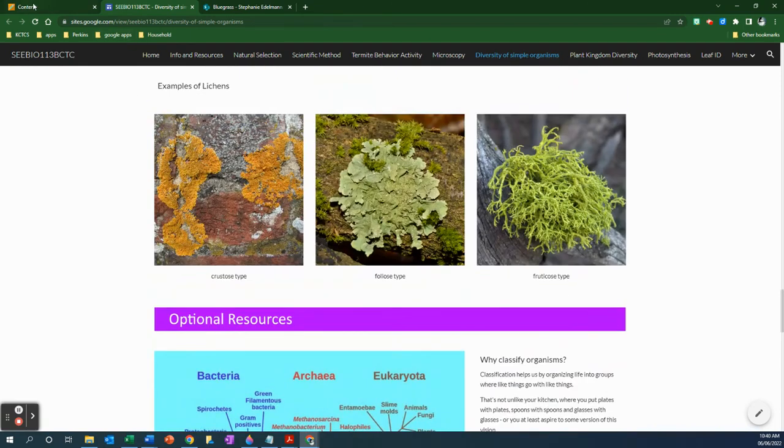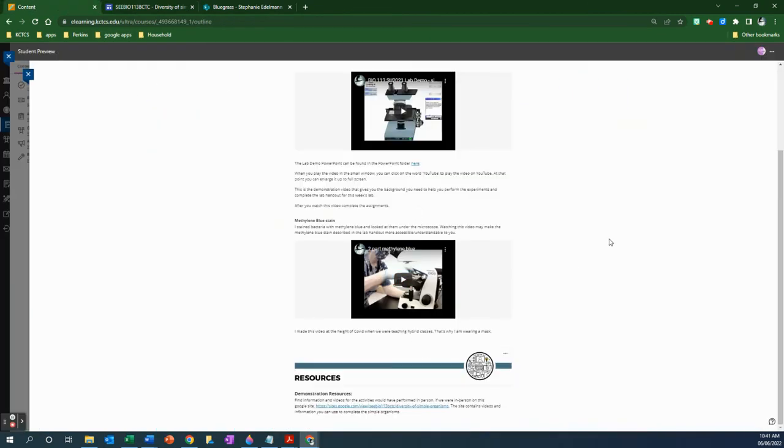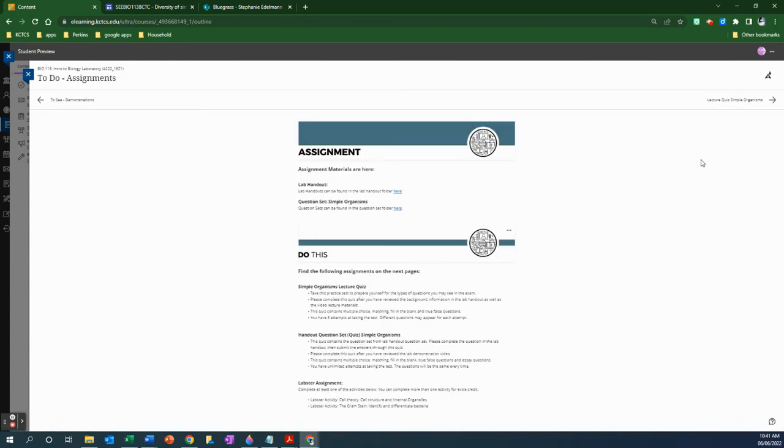Back to here. So those are the resources, and then you're going to the assignments. Lab handouts and question sets can be found here. There is a lecture quiz.